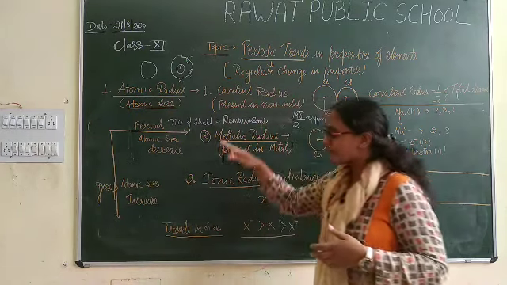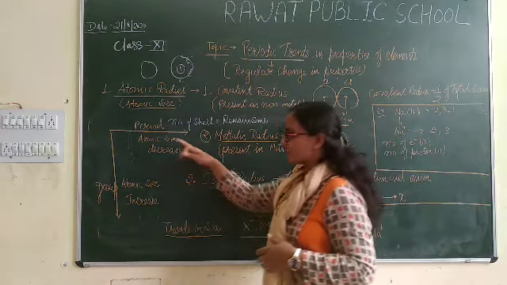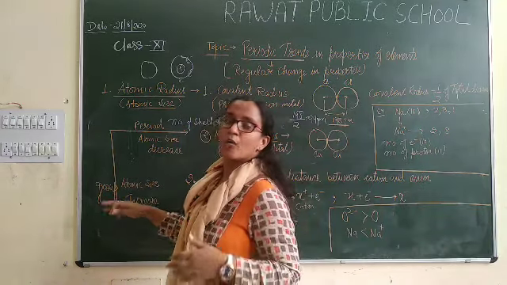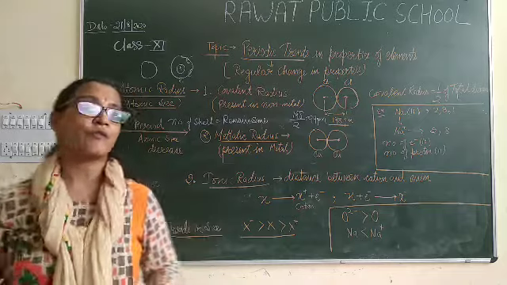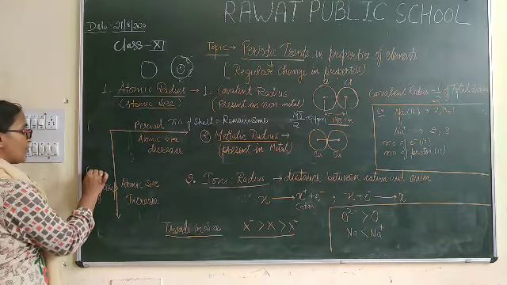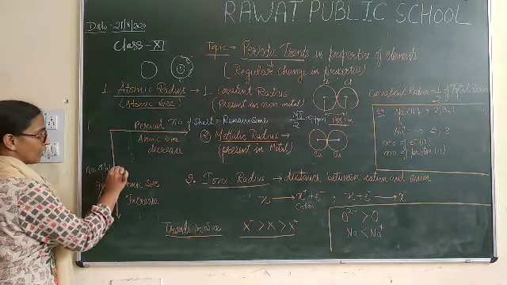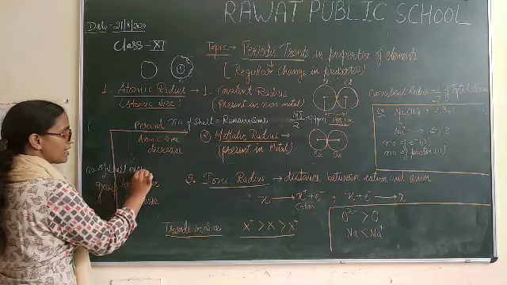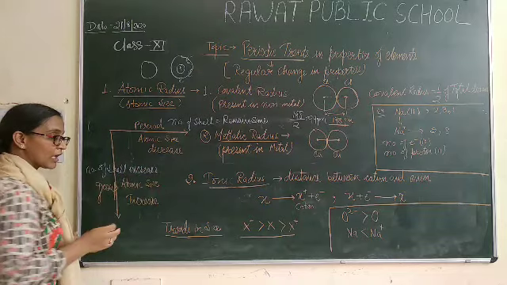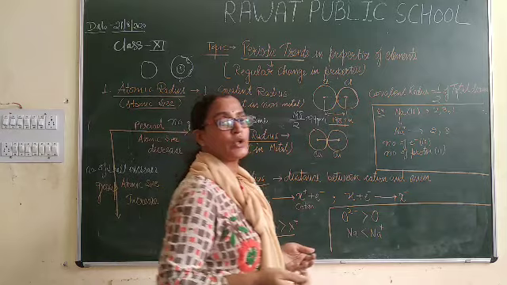But when we move up to down, that is in a group, what happens? The number of shells increases. It means the incoming electron will be added into the next shell.